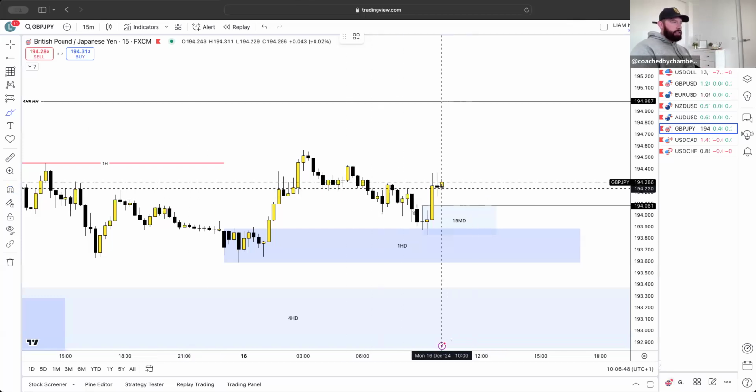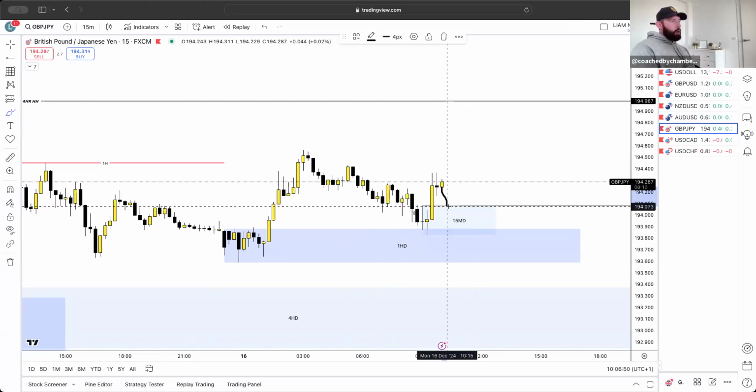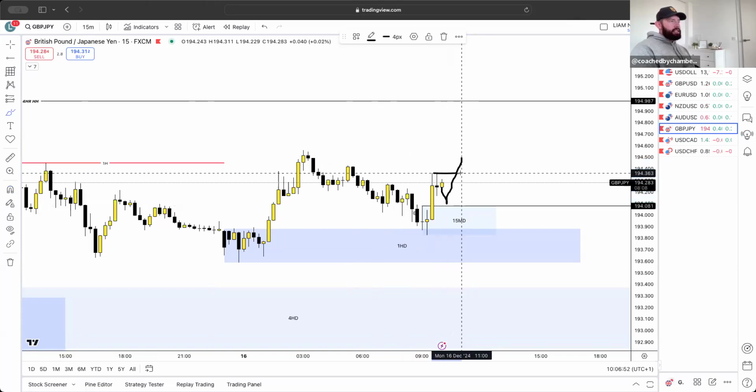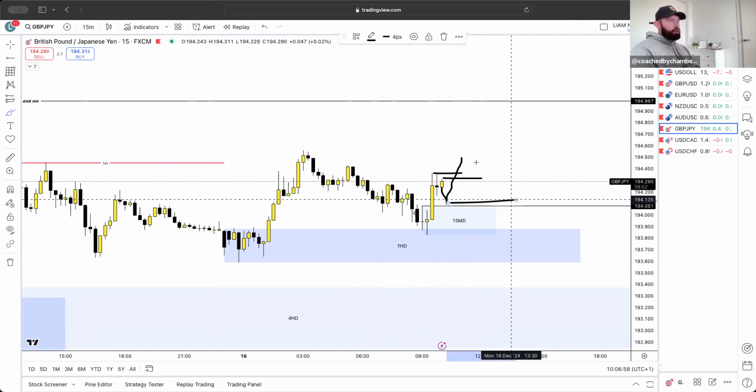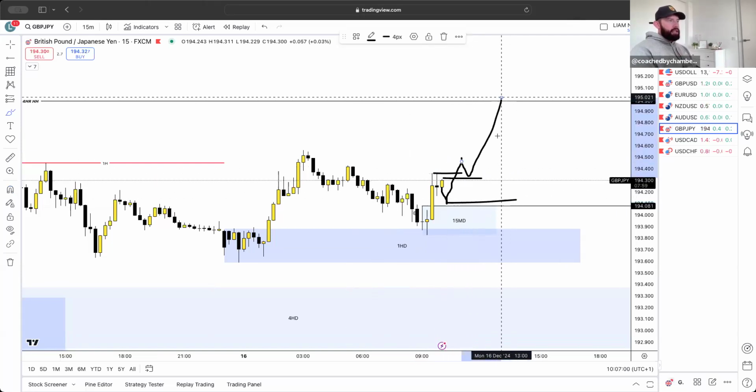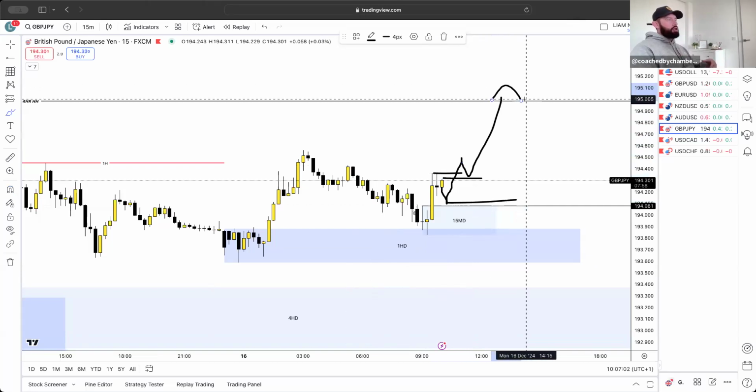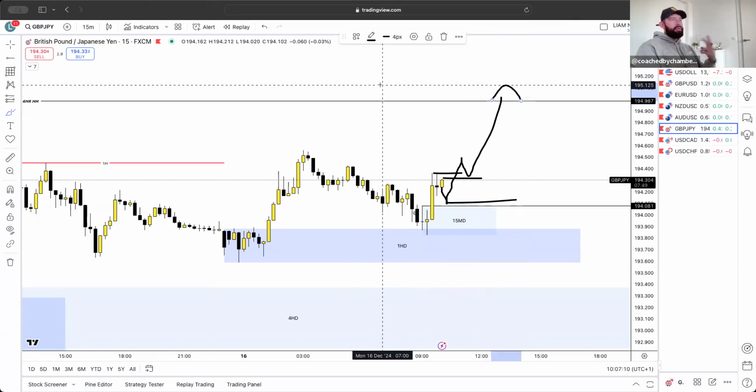This is what people don't quite understand. Let's say we get a pullback and you don't get in, then just wait for this high to get taken. And then if you have two breaker structures, you should be confident enough to get in. One breaker structure, for some people's rules, is not enough. And if you're trading against a trend, do not just trade one breaker structure, wait for two.